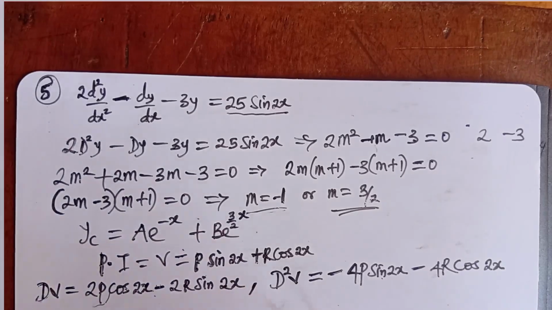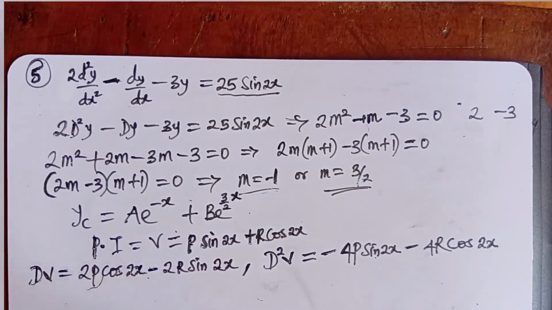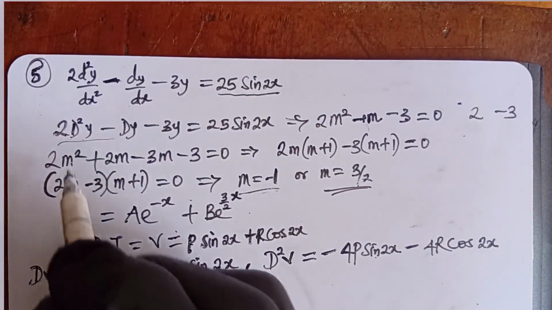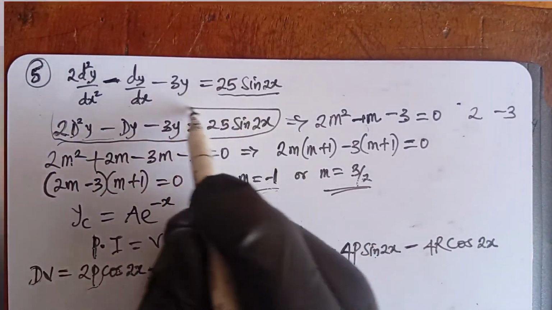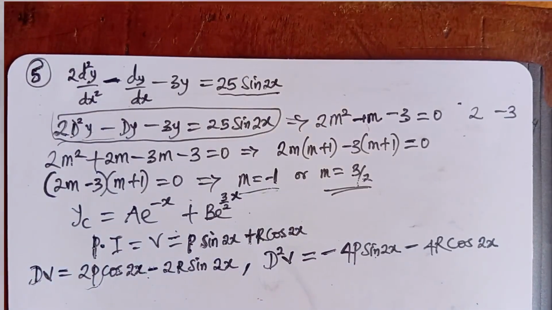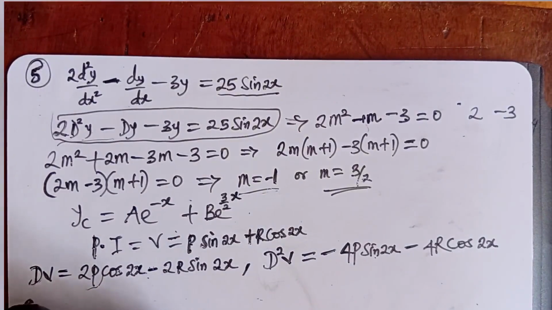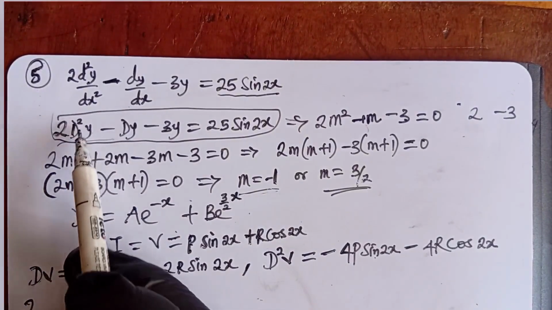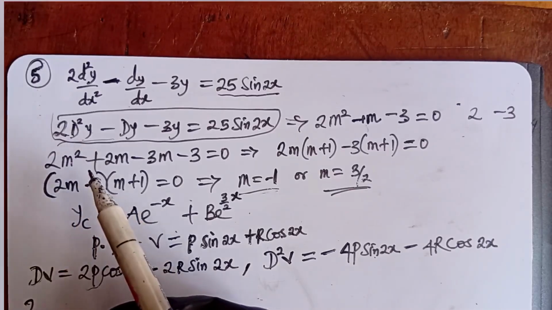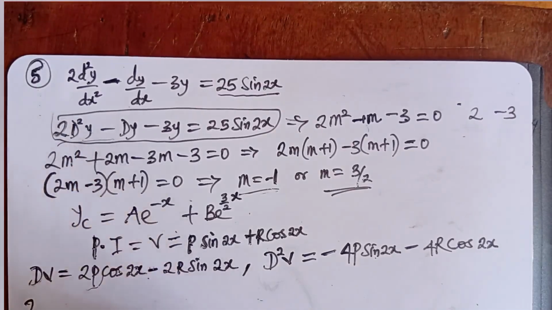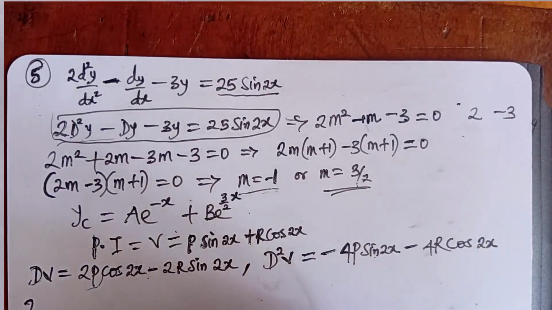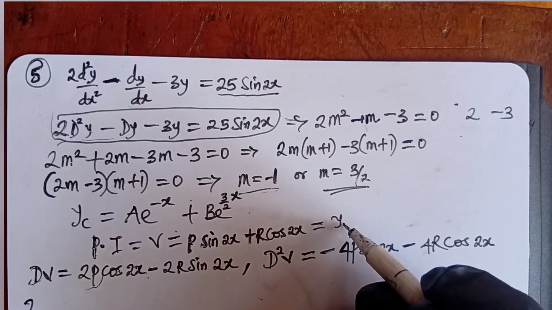Let's go, follow. This is the operator D equation, right? So let's plug it in now. We have 2 into d squared y, whereas d squared y is our d squared v here, you know that. This is equal to our particular integral.